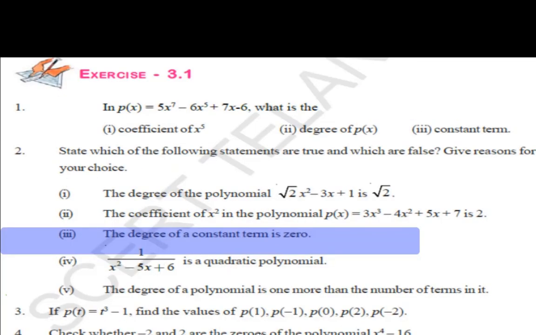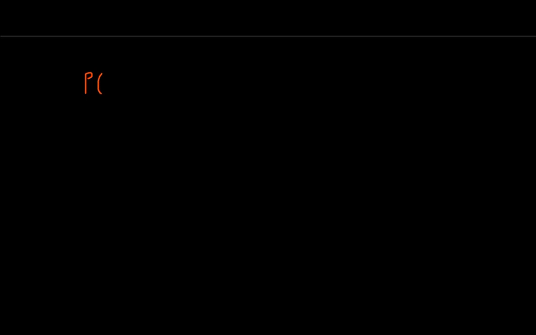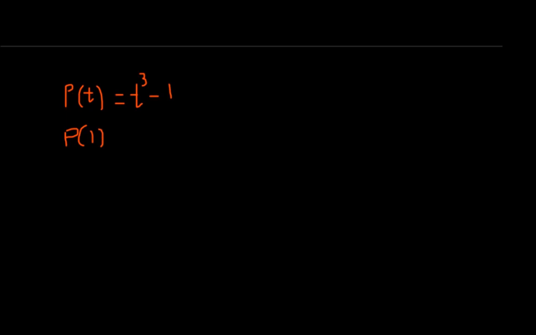So now let us first find p of 1. Let's first write the given polynomial, that is p of t equals t cube minus 1, and we need to find this polynomial's value at t equals 1.